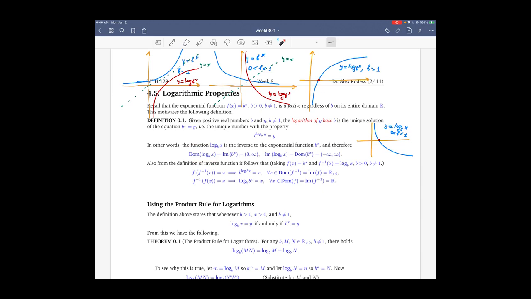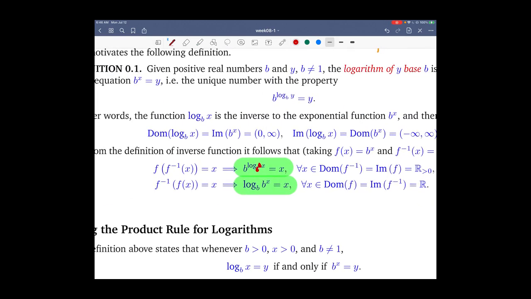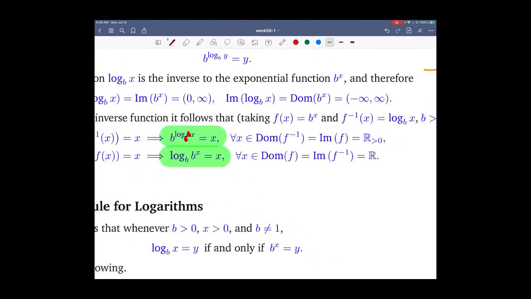Because they are inverses to each other, we also have these identities. b to the power log x base b is x, and log base b of b to the power x equals x. The first identity is true for every positive x, and the second identity is true for every real x.